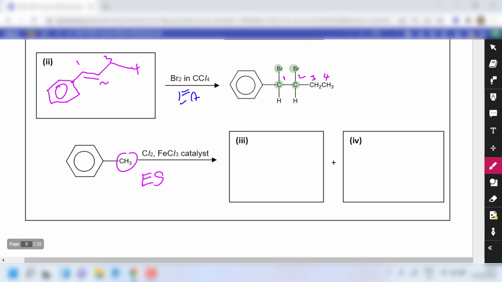So it will activate the benzene ring towards electrophilic substitution, and if you check our data booklet, the chloro electrophile will be substituted in the 2nd and 4th position relative to the methyl group. So you should be drawing this as well as the 4th position with the chloro. These are the 2 compounds which you should be drawing.